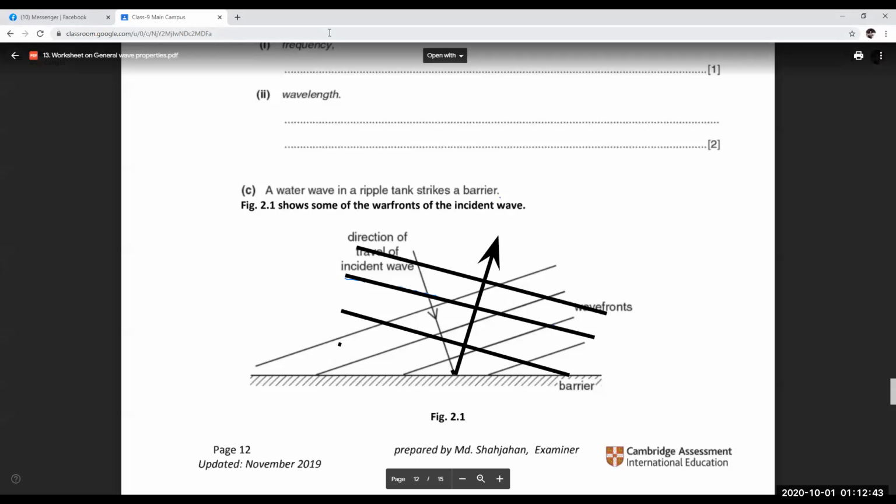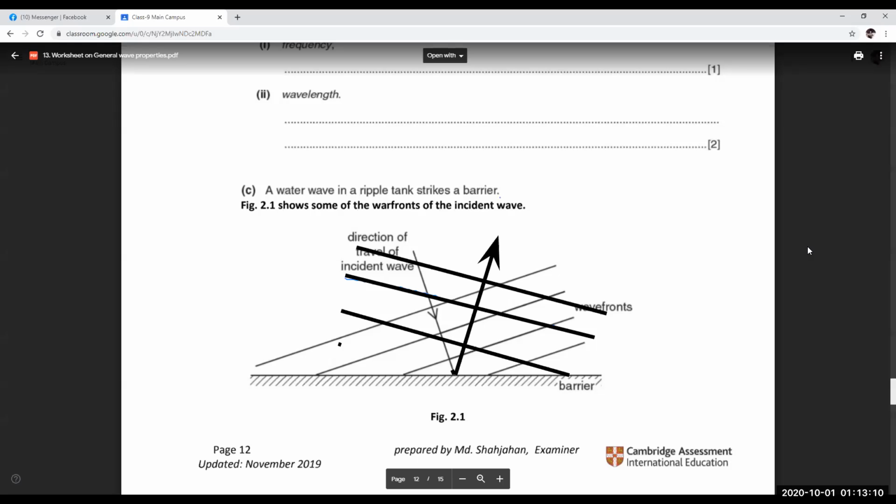Sir, can you explain it one more time, briefly? Yes. Listen, it is reflection, right? So if it is reflection, the wavelength will be the same. That's why we kept the gap the same as before.